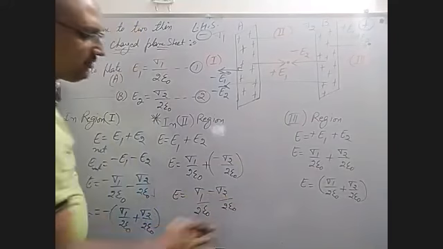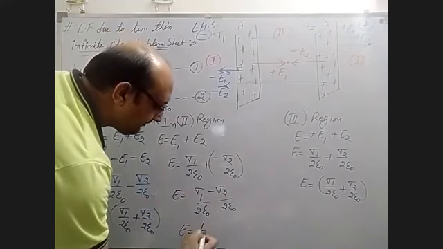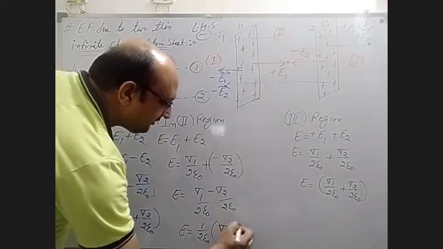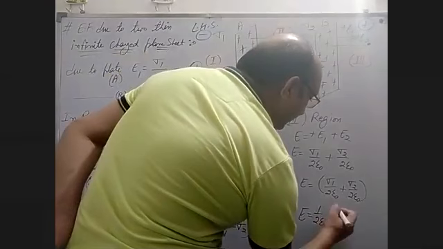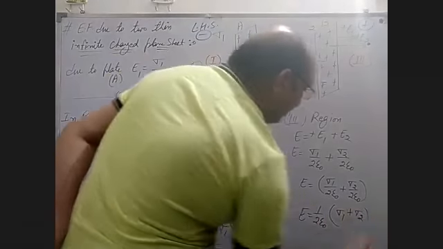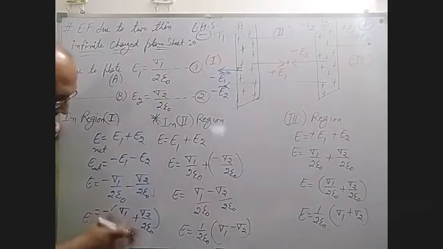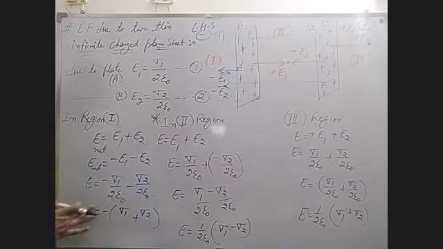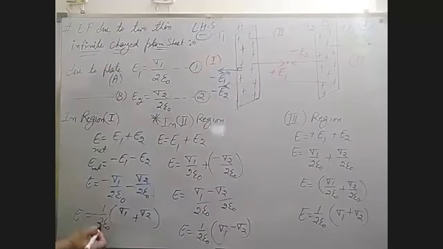If you want to take common 2 epsilon naught, then this becomes 1 upon 2 epsilon naught times sigma 1 minus sigma 2.